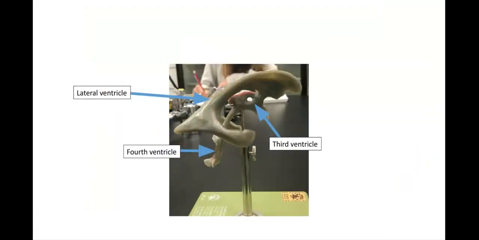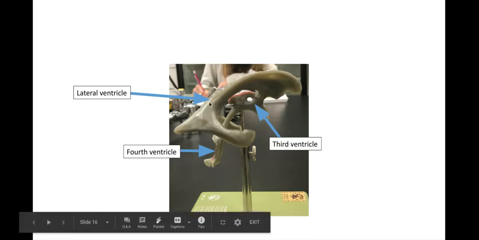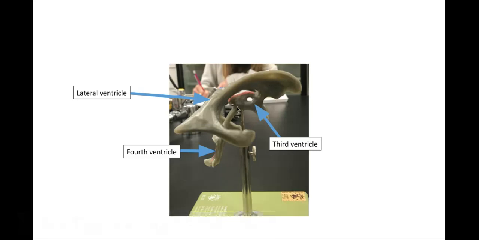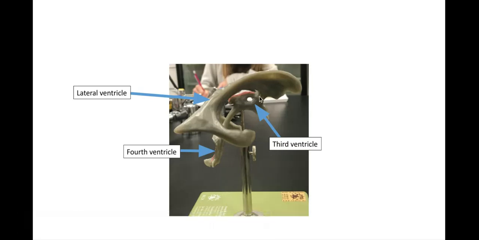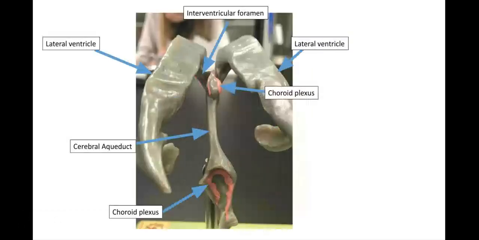If we were to just make a cast of those cavities, those ventricles, this is what it would look like. This is your lateral ventricle going out into your brain hemispheres. Here's your third ventricle around your hypothalamus. Here's that aqueduct leading down into the fourth ventricle. This little opening space is called a foramen, just like it is on the bones. It's the intraventricular foramen.